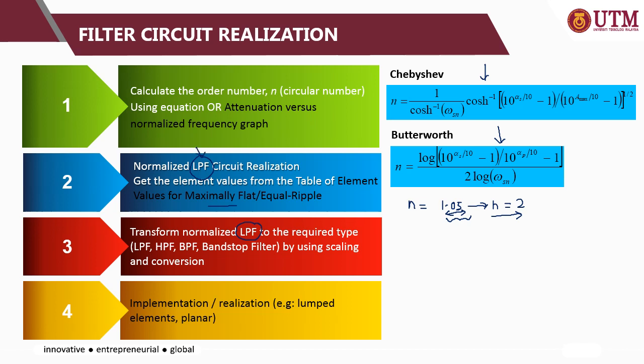Okay, then to get the high pass filter, for example, then you need to perform transformation, okay, circuit transformation, to get the high pass filter. So some of the components may be calculated by using specified equations so that you can get the actual values of the final circuit design.